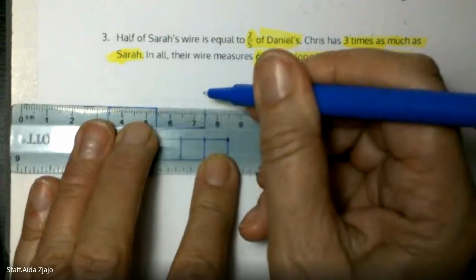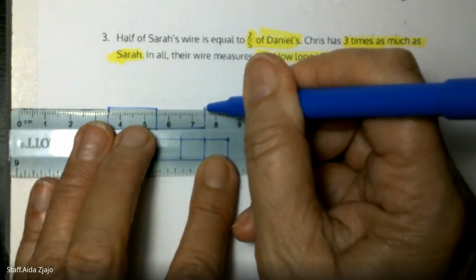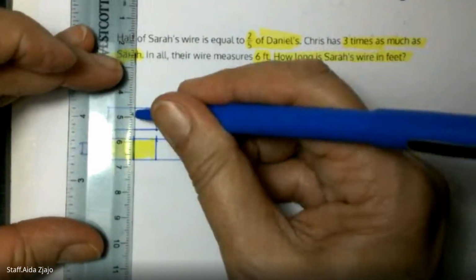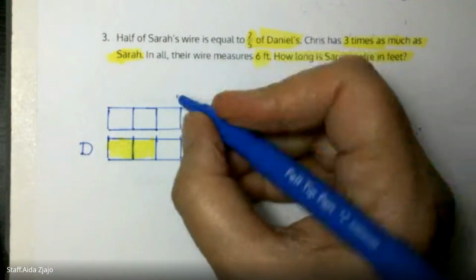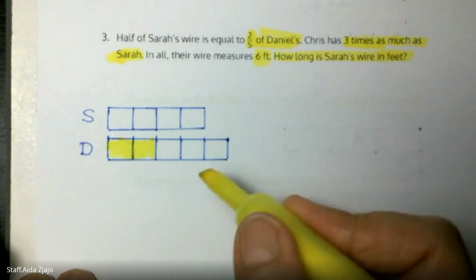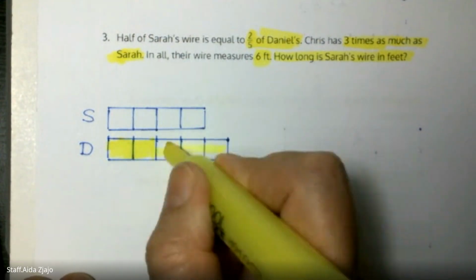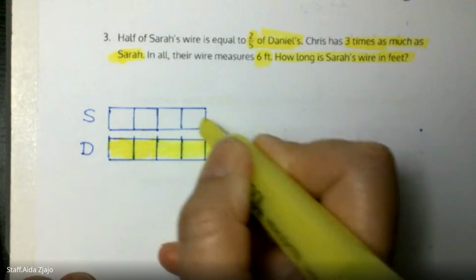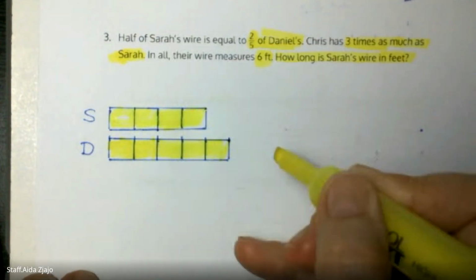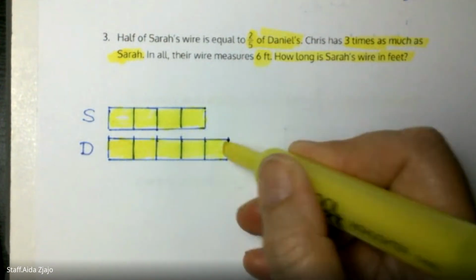Actually, her whole is 4/5 of Daniel's, or 4 pieces of Daniel's. So this is Sarah, and this is Daniel. Okay, we'll make equivalent pieces.